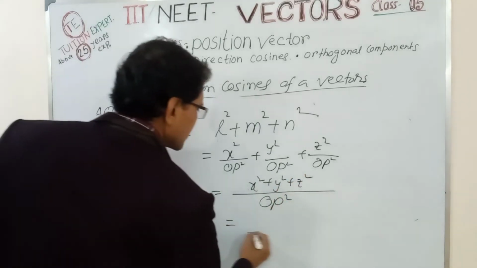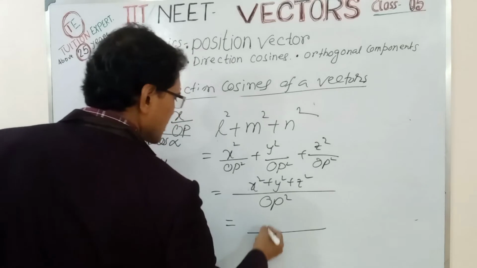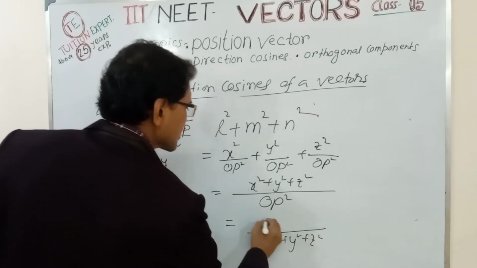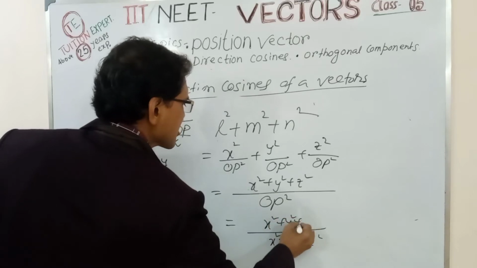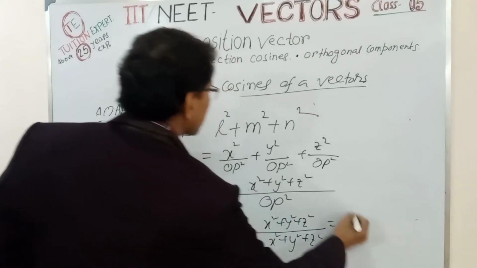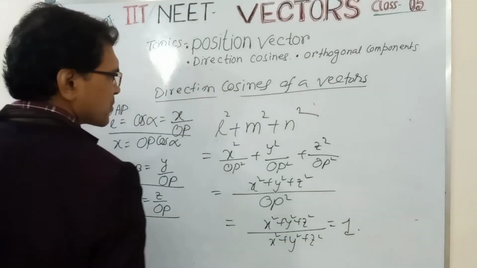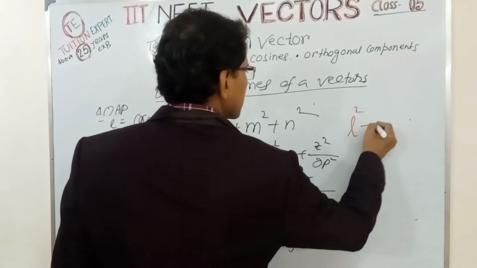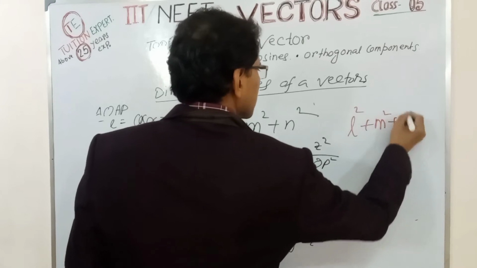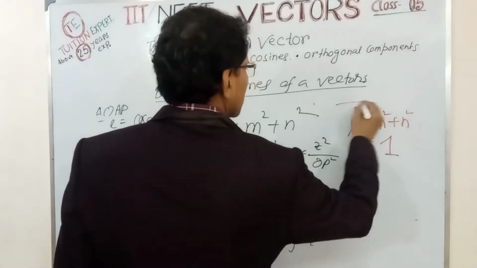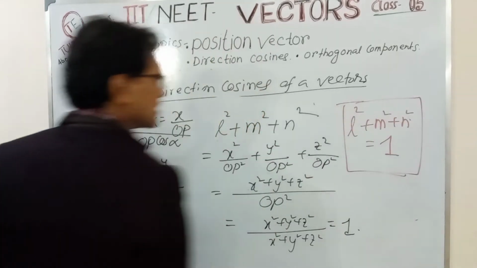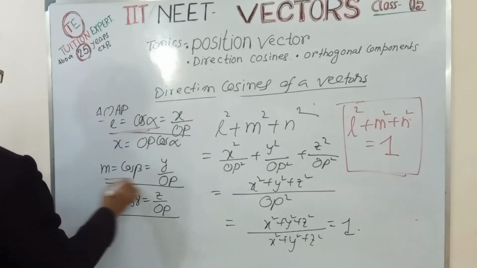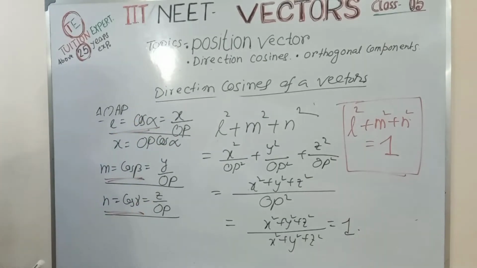OP is the length of the vector OP, which is equal to 1. So the result is l square plus m square plus n square equals 1. This is the result. Remember this: l equals cos alpha, m equals cos beta, n equals cos gamma.